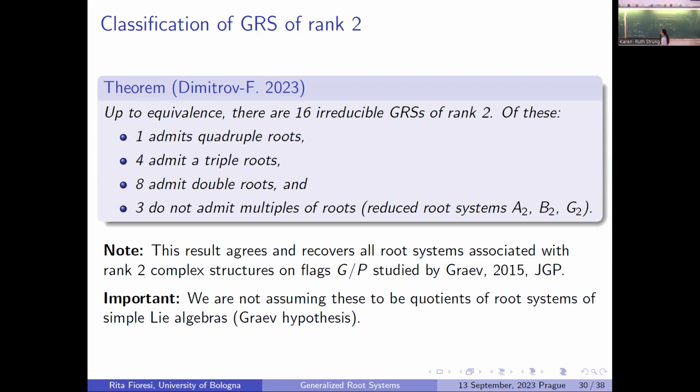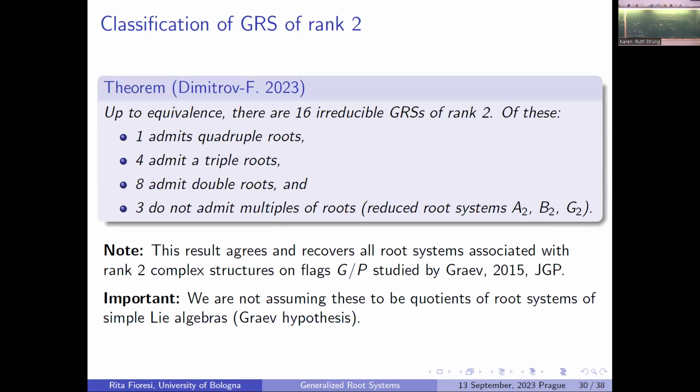But then for fun, we classified the root systems of rank 2, and these results actually recover all root systems with rank 2 complex structure on flags, G mod P. They were studied by Graev in 2015, but one important point: Graev looks at the semi-simple group divided by a parabolic. We don't assume that, and yet we recover all these systems.